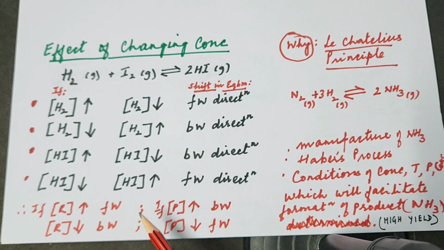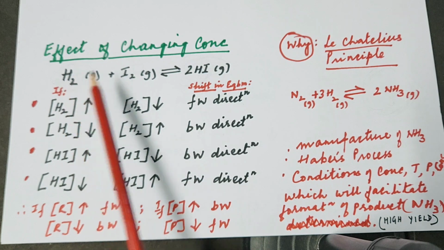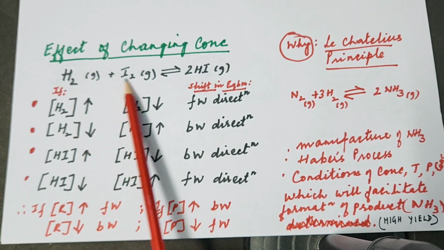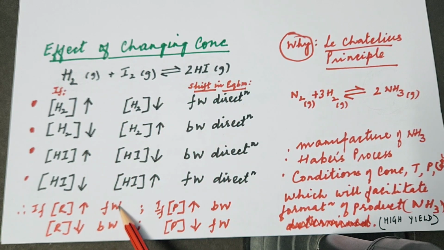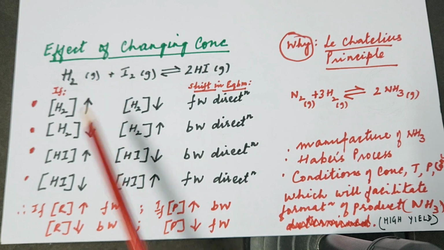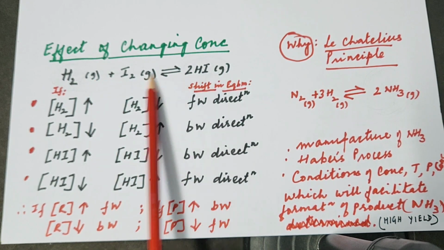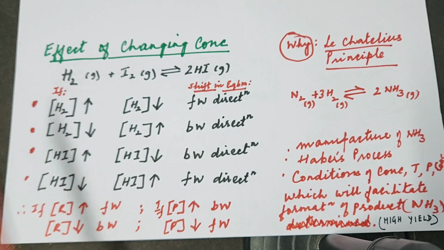So as a generalization, we can say that if any reactant concentration is increased, the system will try to decrease it by consuming the reactant, and that will happen in the forward direction. If reactant concentration is decreased, the system will try to increase the concentration by moving in the backward direction.